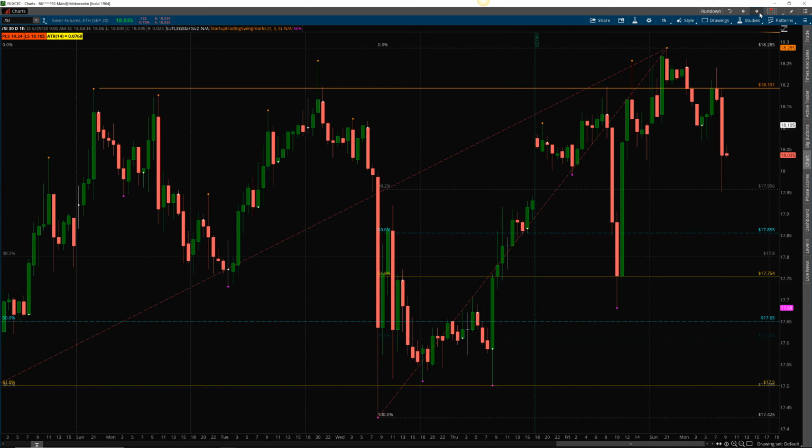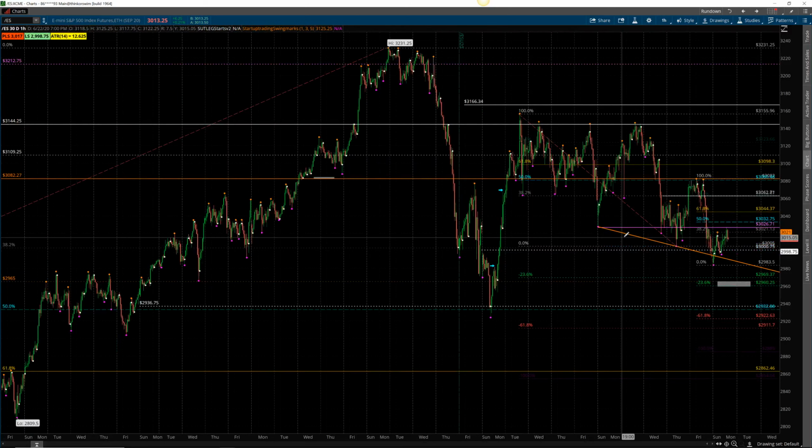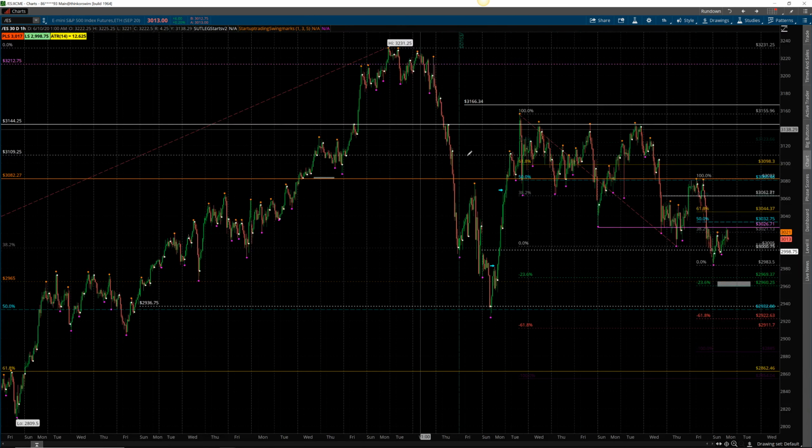So we will now go over the indexes. I'll begin with the ES to just talk about the higher time frame here. Now, the S&P 500 broke down out of what was its 5-day consolidation last Wednesday. And after we break down into consolidation, we typically run into what is a full 50% retracement short. And that's exactly what we did.